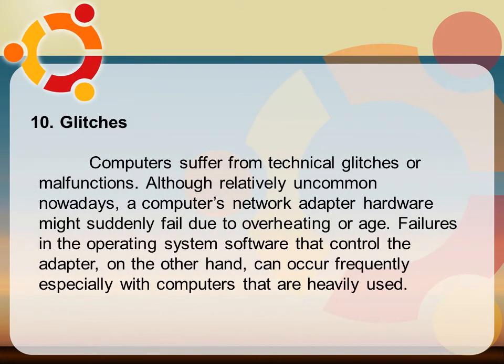Next, we have the computer glitches. Computers suffer from technical glitches or malfunctions. Although relatively uncommon nowadays, a computer's network adapter hardware might suddenly fail due to overheating or age. Failures in the operating system software that controls the adapter, on the other hand, can occur frequently, especially with computers that are heavily used.